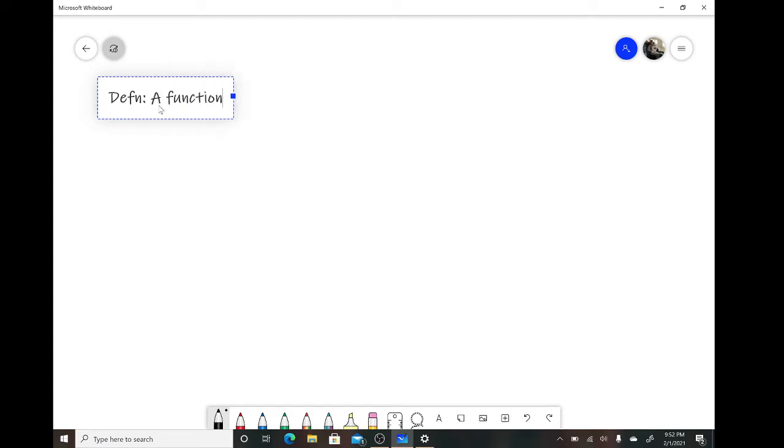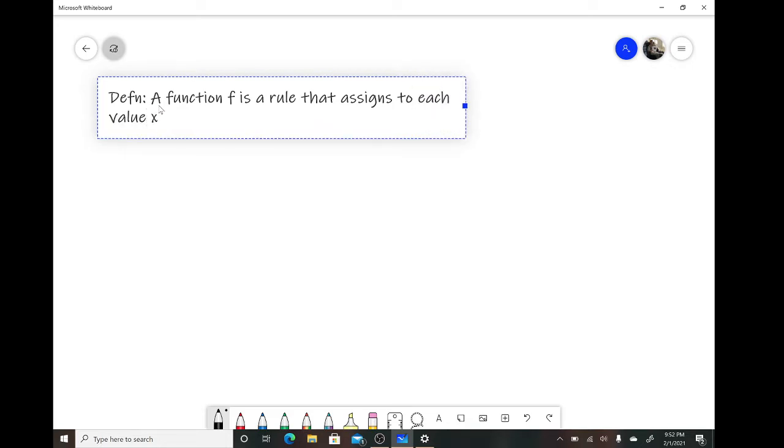So a function f is a rule that assigns to each value x in a set D a unique value denoted by f of x. This is something that by now you should know. A function assigns to each value x in its domain a unique value denoted f of x or y.